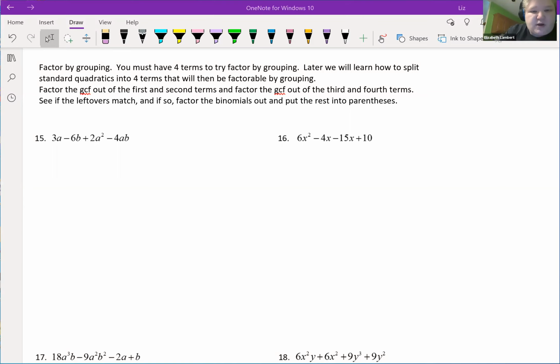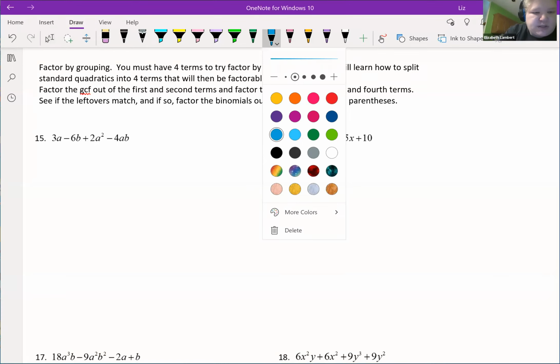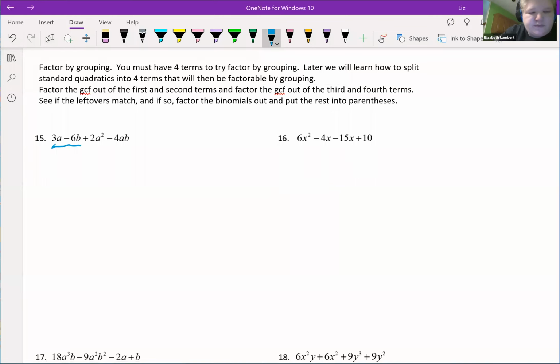So you focus on the first 2 terms, and you're going to factor out whatever their greatest common factor is. Then we will focus on the second 2 terms and factor out whatever their greatest common factor is. So let's start with that, and then we'll see if the leftovers match. I find that works best if you see it.